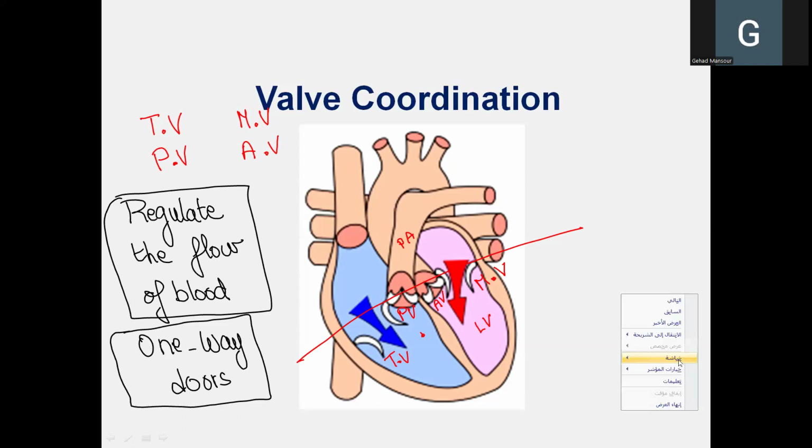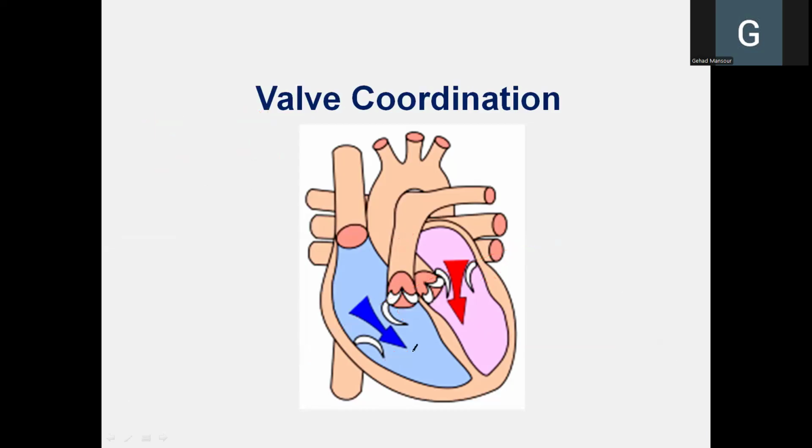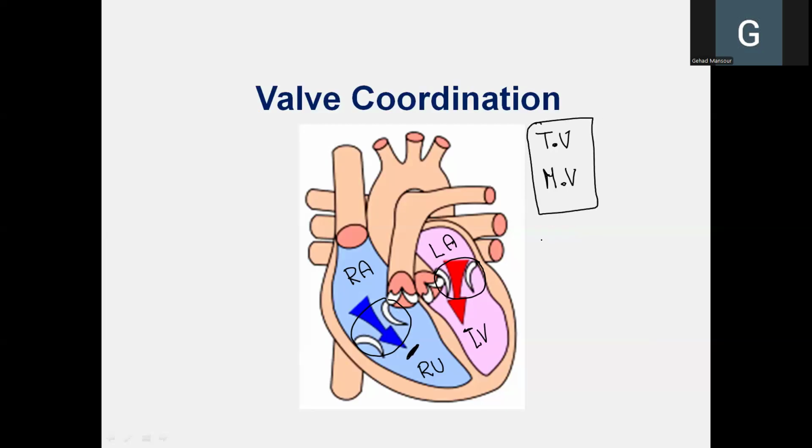Concerning the tricuspid valve and the mitral valve, we can say that the tricuspid valve, which is seen here, and the mitral valve, which is seen there, both valves, the tricuspid valve that is present between the right atrium and the right ventricle, and the mitral valve that is present between the left atrium and the left ventricle, control the flow of blood inside the heart.